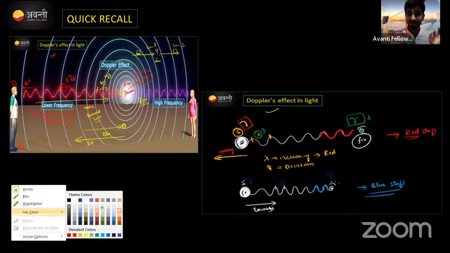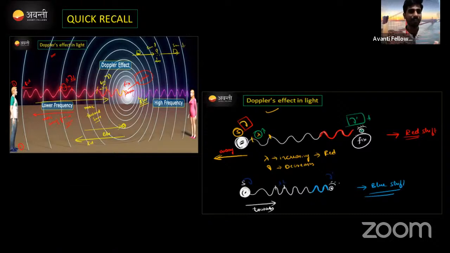Okay, in a similar way we need to know about the Doppler effect in terms of light. Light में क्या होता है? Yesterday I told you, देखो इधर, this is a source of light, white light, correct ना? You are present here, and the source is emitting white light.